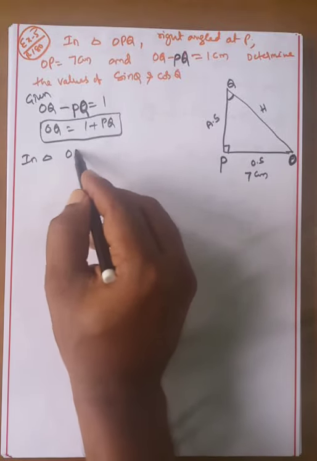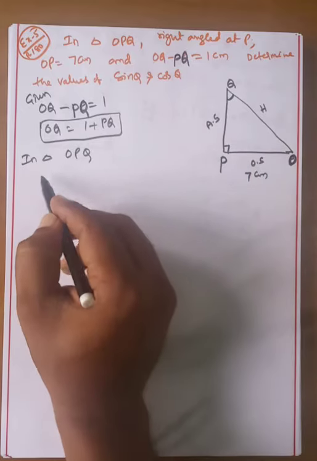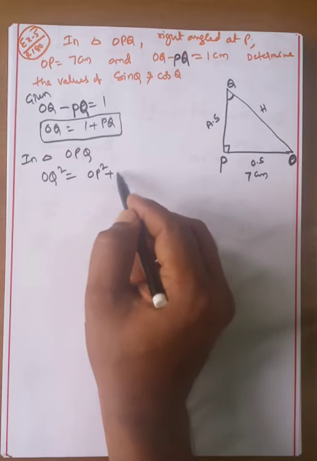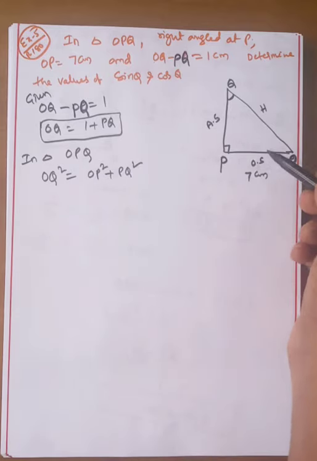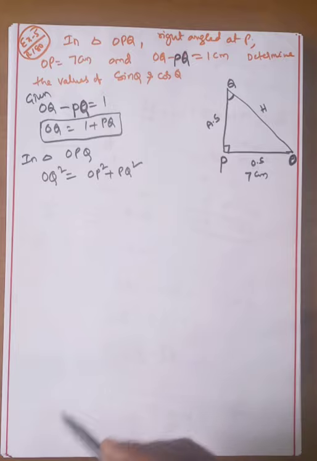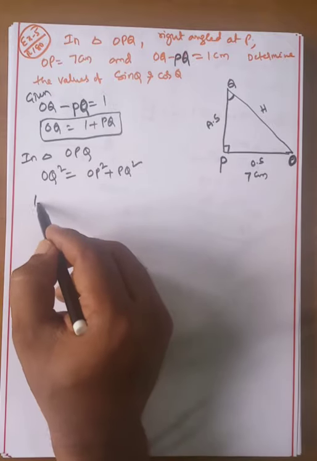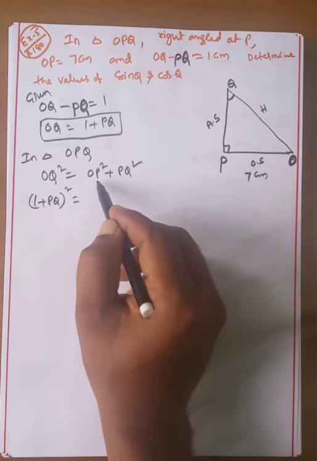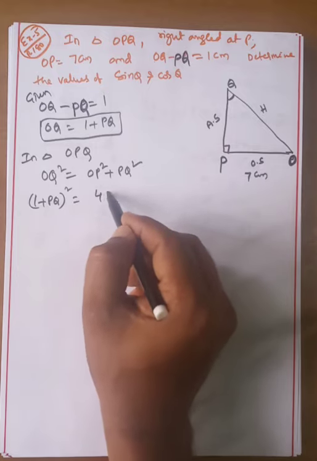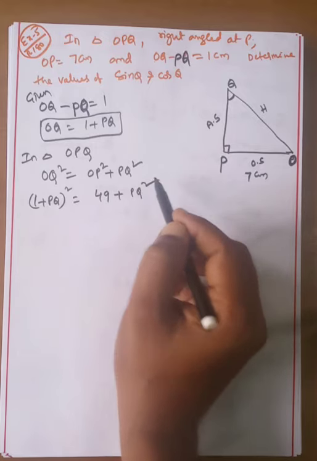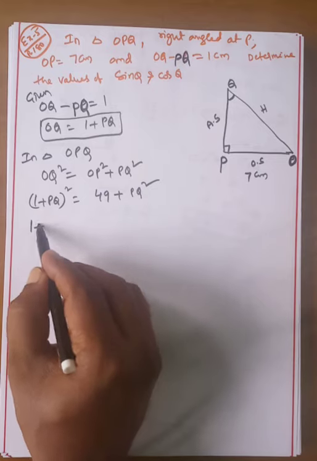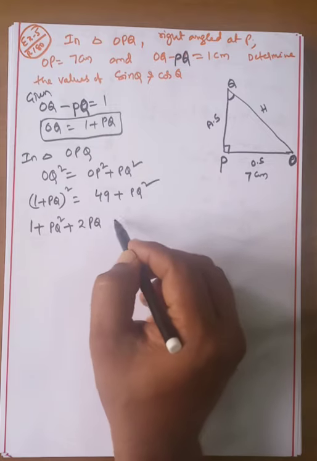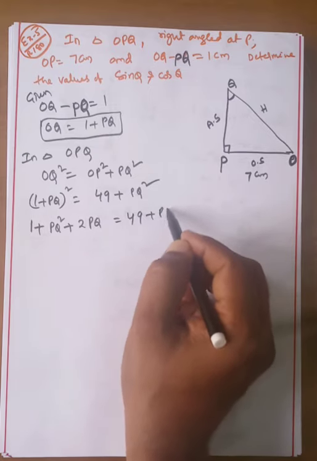Now apply the Pythagoras theorem. In triangle OPQ, OQ square is equal to OP square plus PQ square. Hypotenuse square equals side square plus side square. Now OQ is 1 plus PQ, so 1 plus PQ whole square is equal to OP square, where OP is 7, so 49, plus PQ square. Using the formula (a plus b) whole square: a square is 1, b square is PQ square, plus 2ab which is 2PQ, equals 49 plus PQ square.